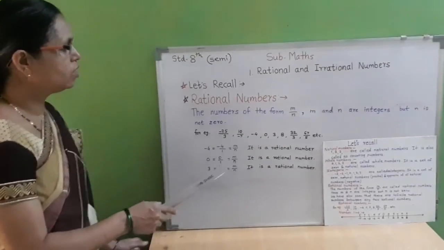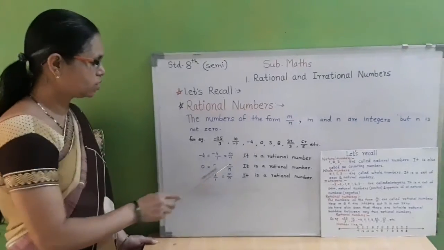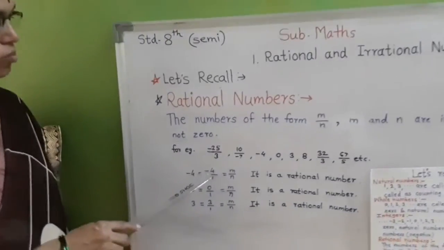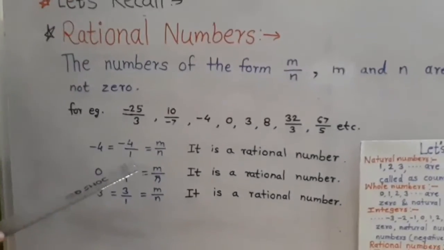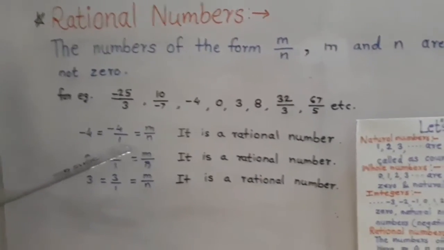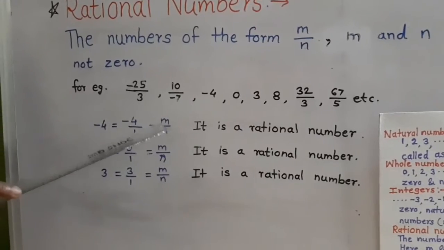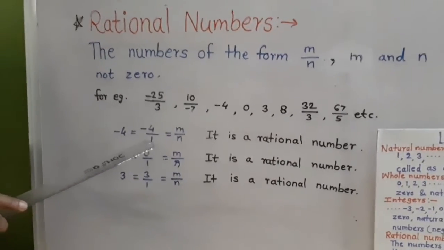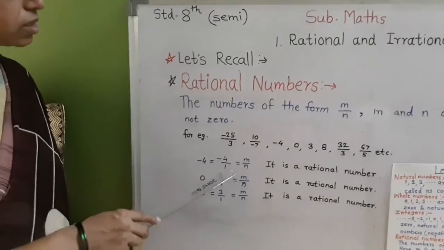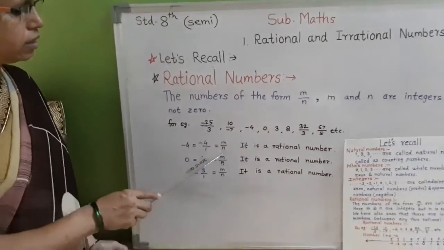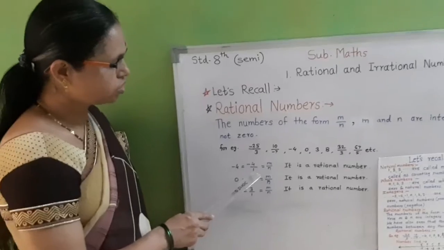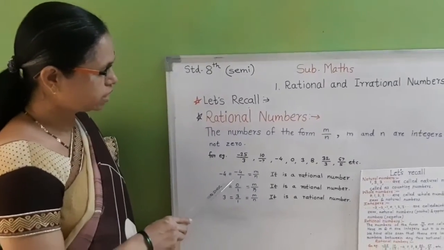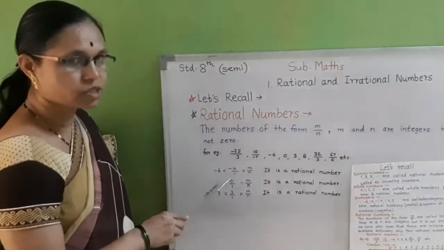Next example, -4. -4 can be written -4 by 1 is in the form of m by n. Here -4 and 1 are integers and n is not 0. So -4 is a negative rational number.